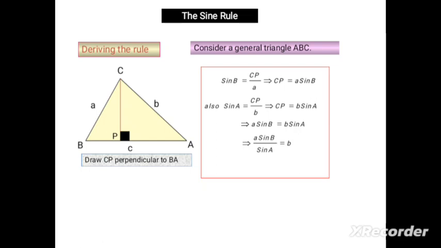And therefore, when you solve that, you get a sine B over sine A equals b.